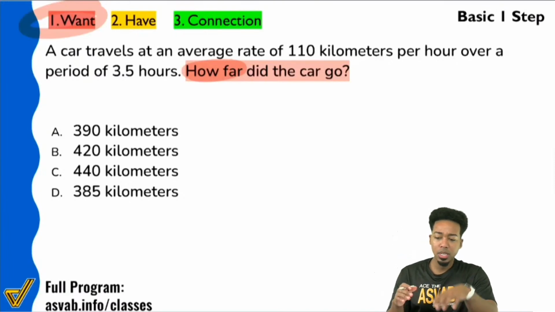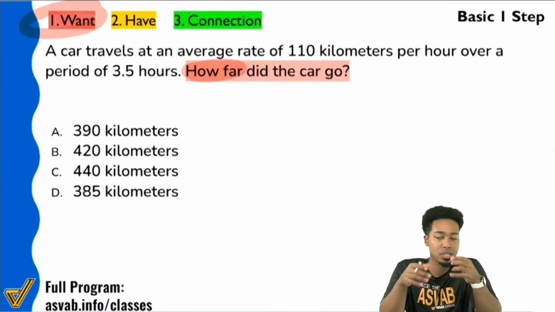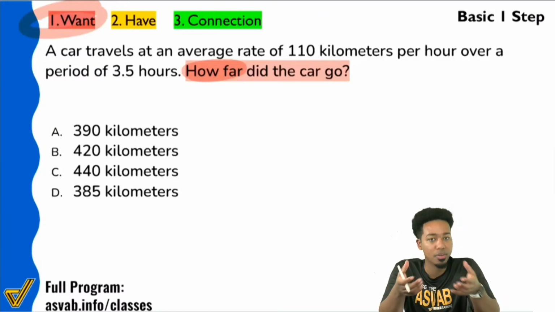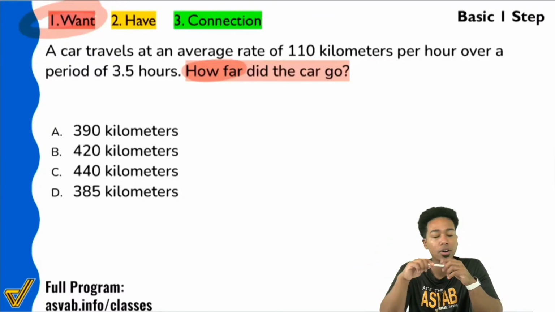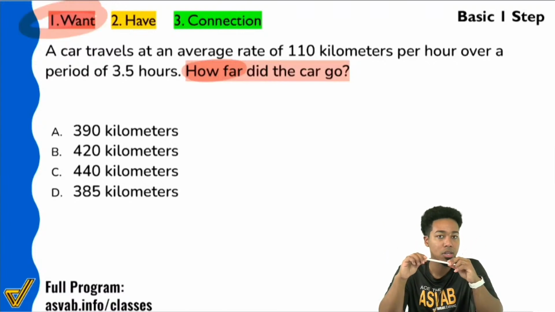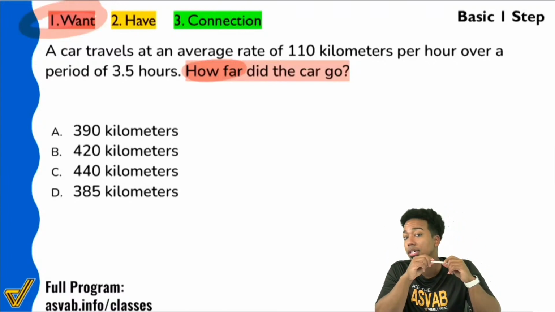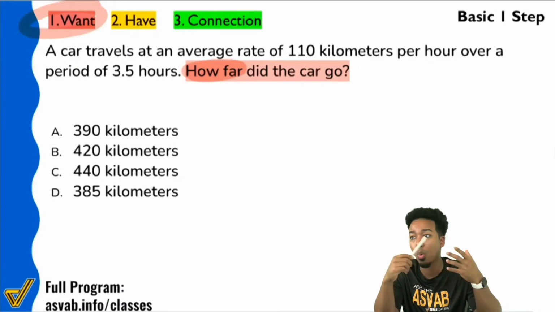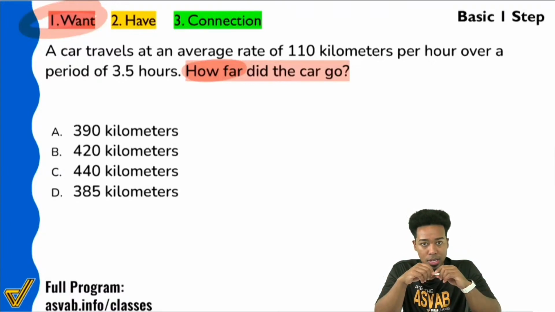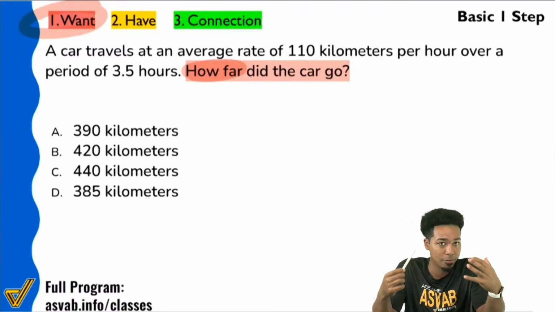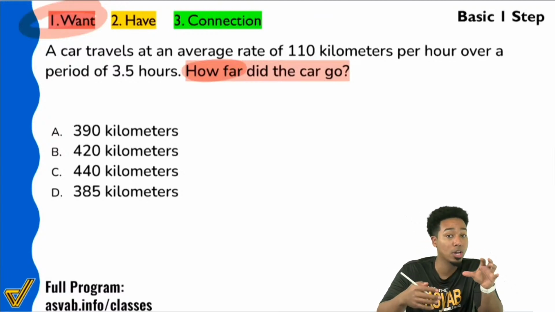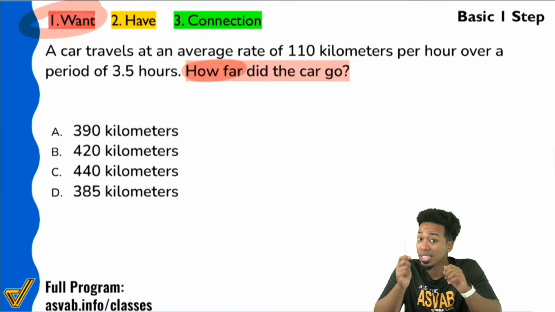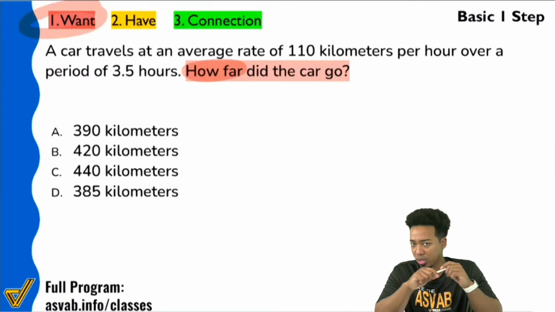Okay. So what I want to lead into with this is just how to really build your confidence. If the phrase how far didn't give away that it's distance, you can look somewhere else. Everybody, because we're in the question sentence, there's this thing called units that have to be included. Sometimes the problem gives away the units in the question sentence, and sometimes they give it away in the answer choices.